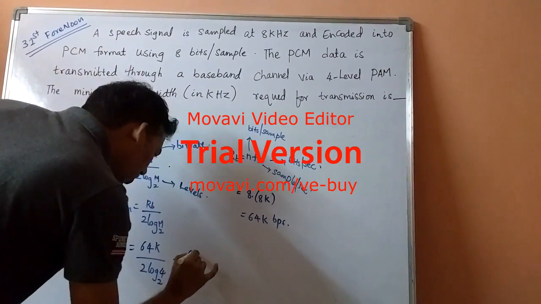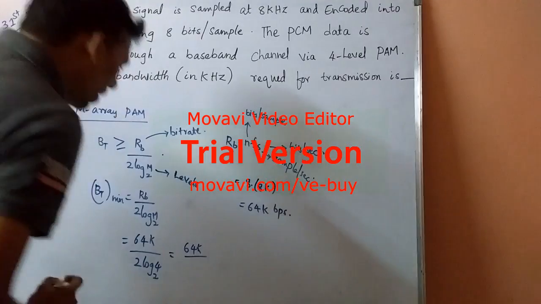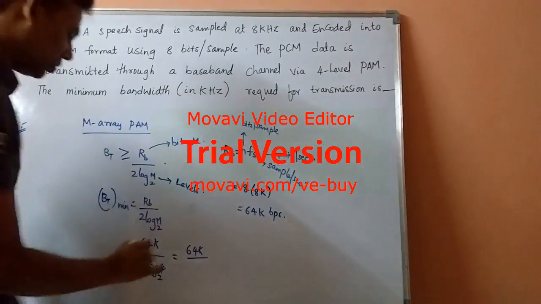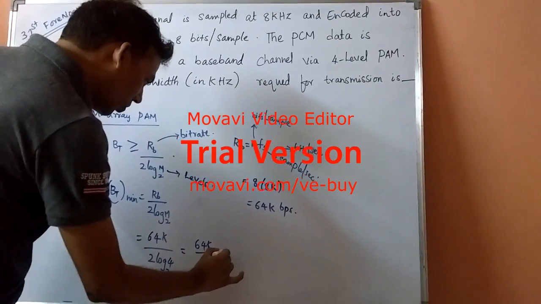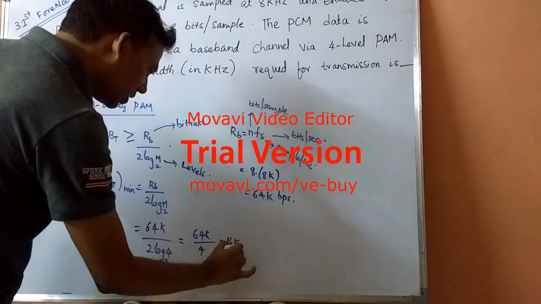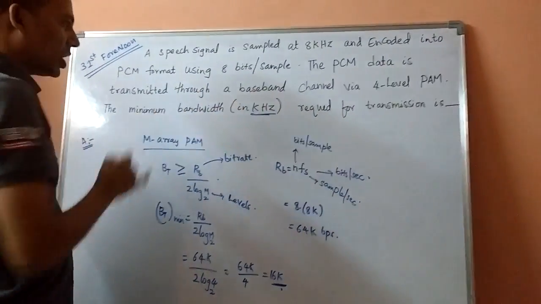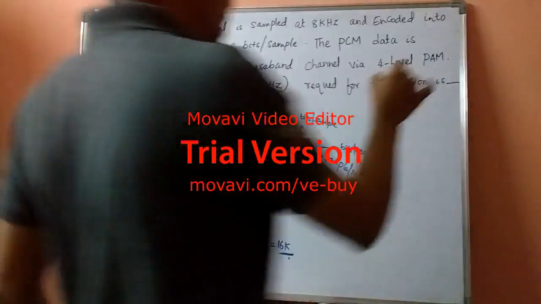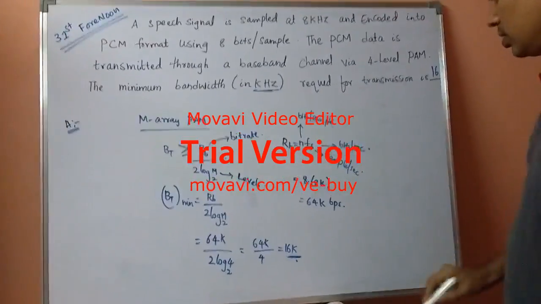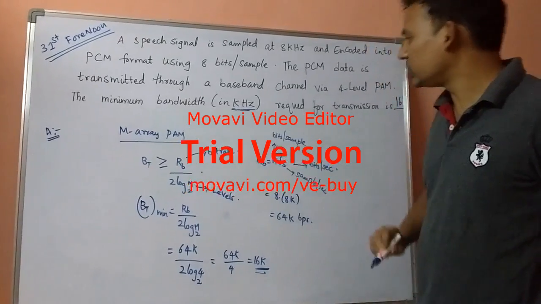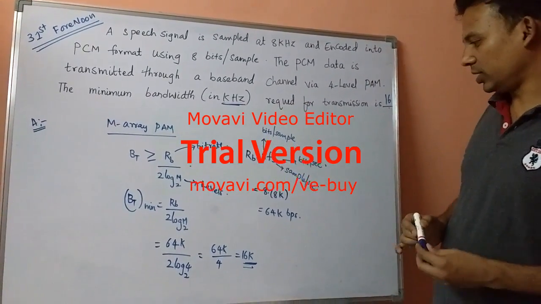So it is 64k divided by 2, and log 4 base 2 is 2, so 2 into 2 is 4, which is equal to 16k. The unit is given in kilohertz in the question, so the answer is simply 16, that is, a bandwidth of 16 kilohertz.